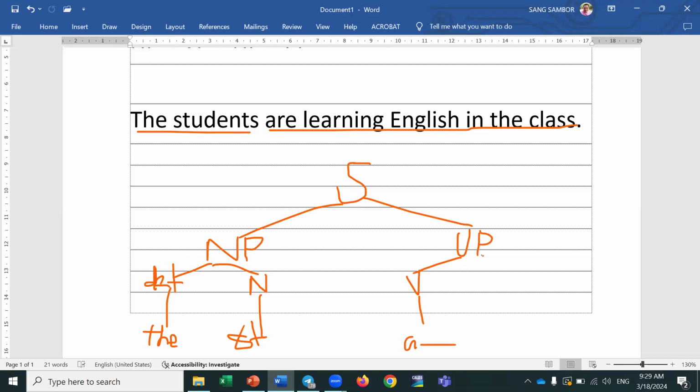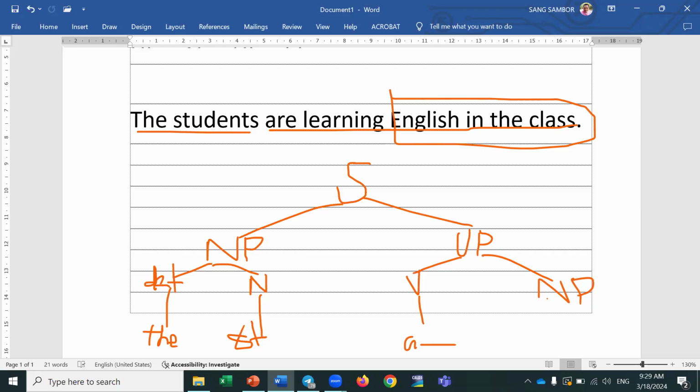And from this one, we have another noun phrase. So we can say noun phrase, you have noun plus prepositional phrase.